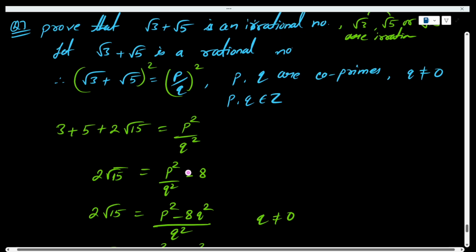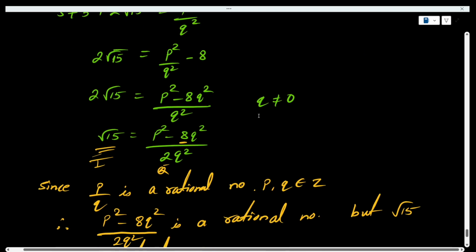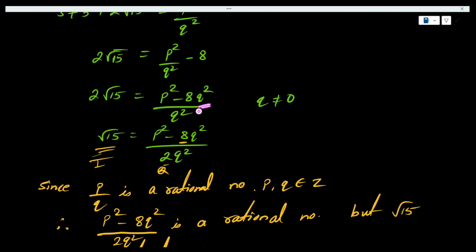Now I need to take the irrational number to the left-hand side and all the other whole numbers to the right side. So p square minus q square minus 8, and taking the LCM, you get p square minus 8q square by q square. And 2 also you transpose, so you will get root 15 equals p square minus 8q square by 2q square.